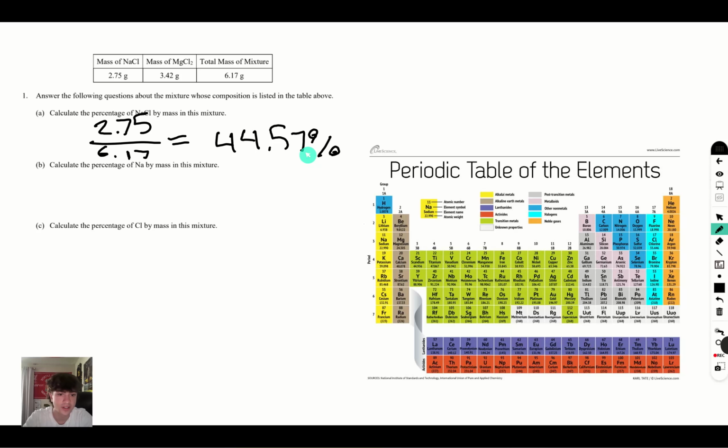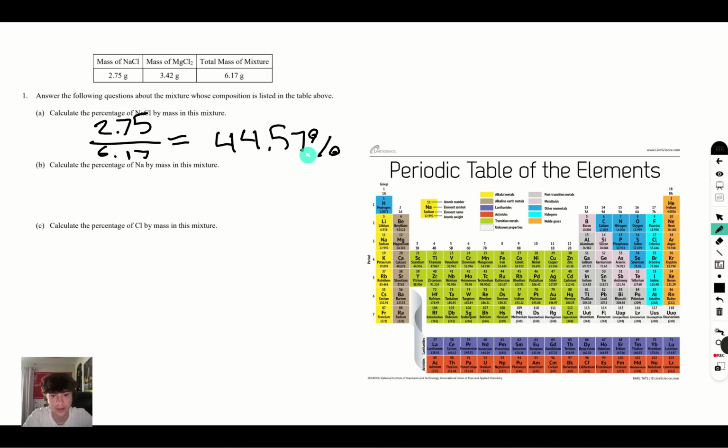Now it asks us to calculate the percentage of Na by mass. What we're going to want to do here is first find the percent composition of Na in NaCl.